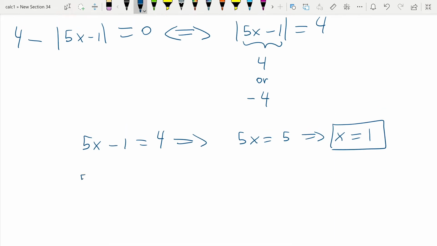The second possibility is that 5x minus 1 is equal to minus 4, which will imply, if we add 1 on both sides, that 5x is equal to minus 3, which will then imply that x is equal to minus 3 over 5.